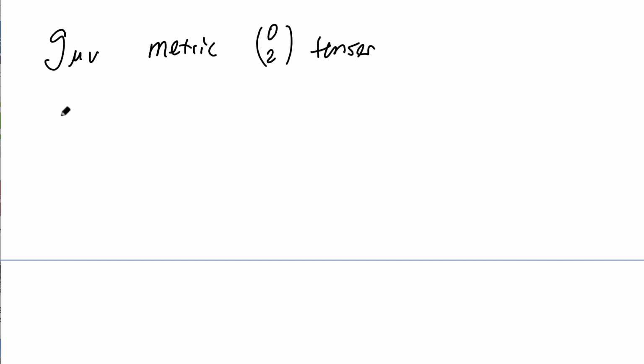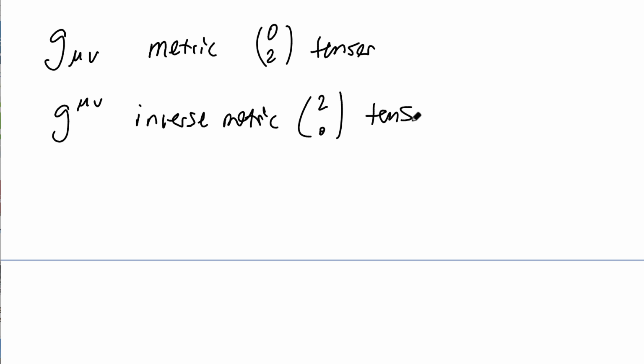So two of the most important tensors we've encountered so far in these lectures are the metric tensor, which is a type (0,2) tensor, and the inverse metric, which we just denote with the same base letter g, but just raise the indices. This is a type (2,0) tensor.